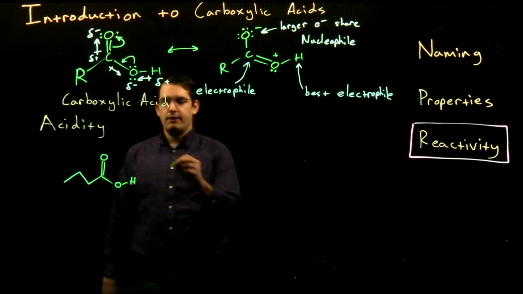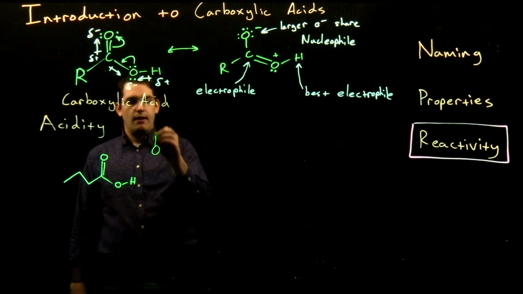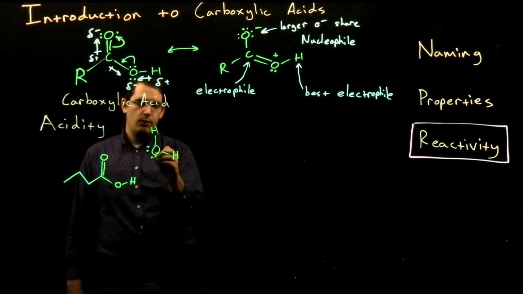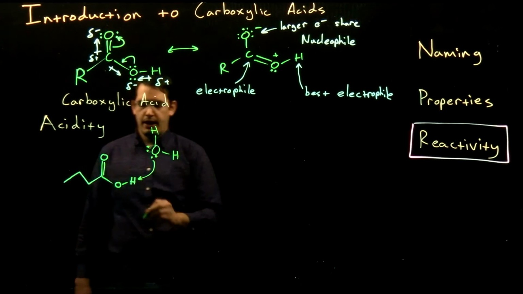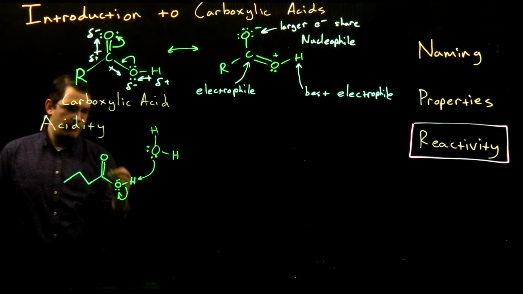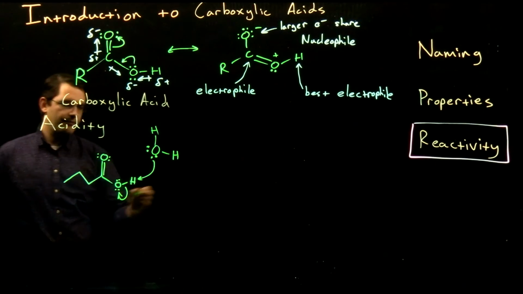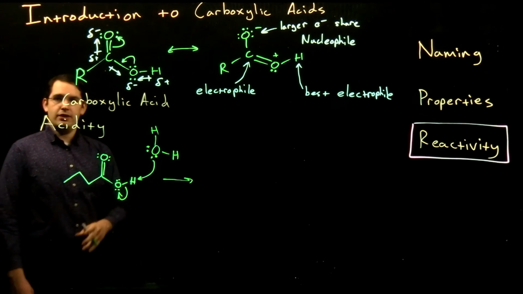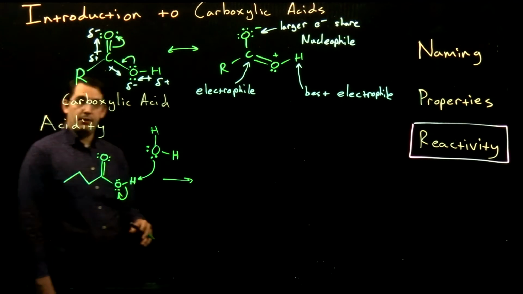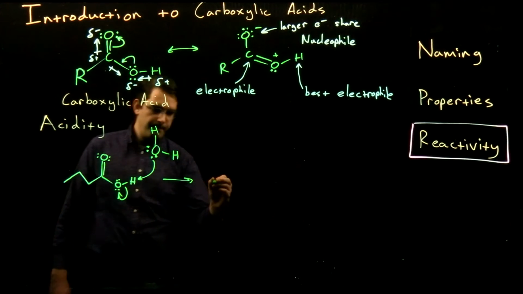So if we put a carboxylic acid in water, that carboxylic acid will react as a weak acid with our water, and we can actually deprotonate our carboxylic acid in order to form our conjugate base. So we can pull off that hydrogen using the typical acid-base reaction mechanism that we've looked at early on.